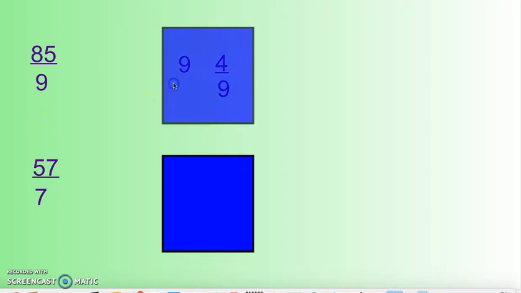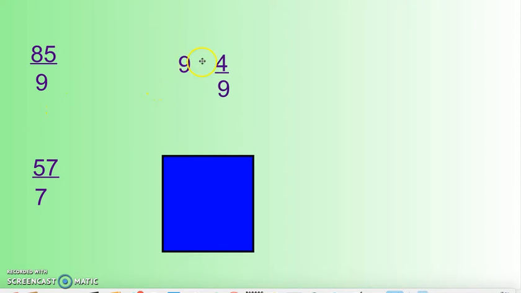You're right, 9 goes into 85 9 times. 9 times 9 is 81. And we have to get to 85, so 85 minus 81, there's 4 left over. And so we're going to use that as our numerator. So it'd be 9 and 4 ninths. Notice the ninths stay the same, because that's how many equal parts our whole number is separated into.